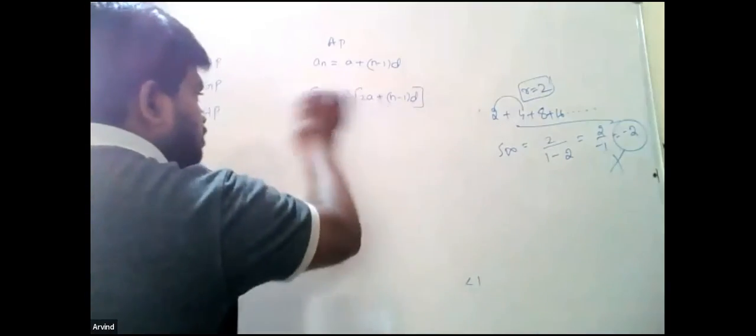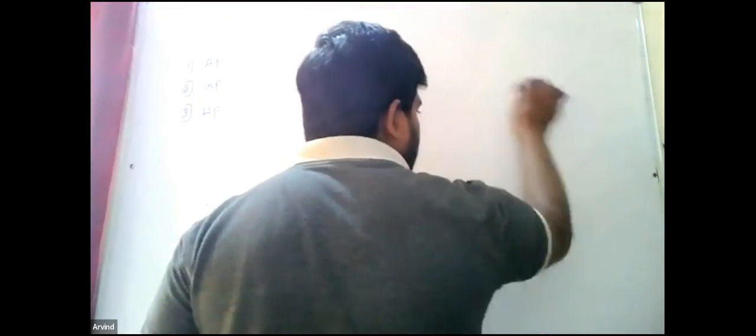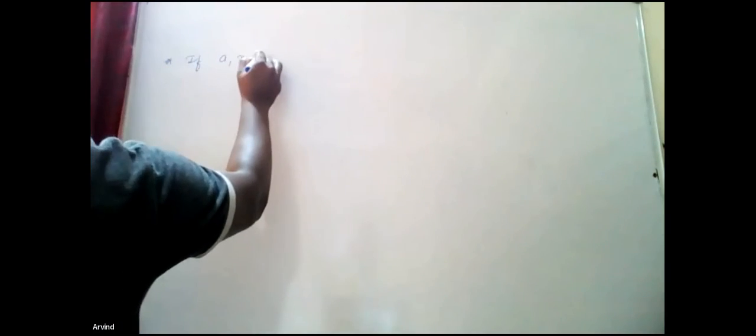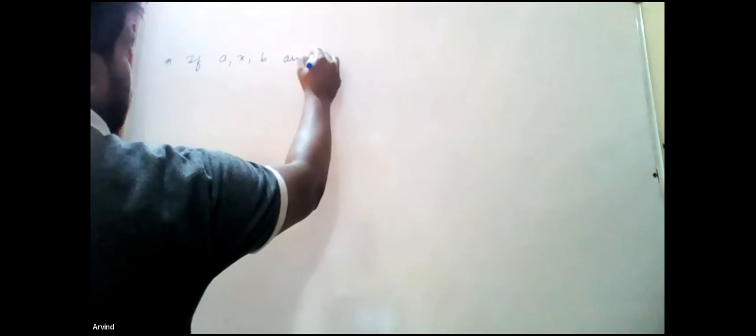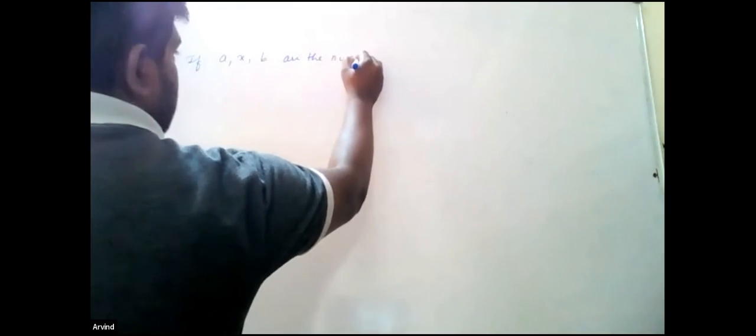Next, arithmetic mean, geometric mean, and harmonic mean. Take it: if A, X, B are numbers in AP or GP or HP.